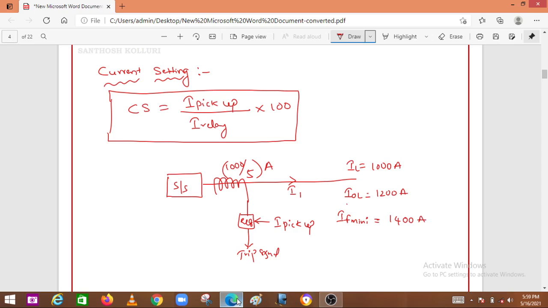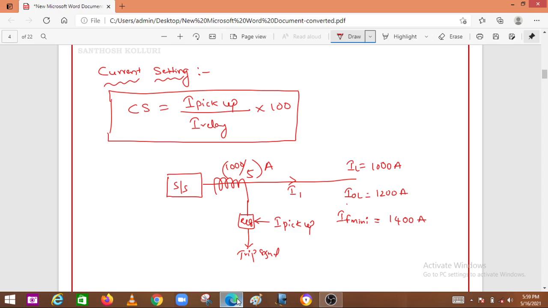So that has to be withstood by the power system network. So we can excuse this overload, and for every current which is more than 1000 ampere, the relay should not work. Otherwise, the sensitivity problem will exist.